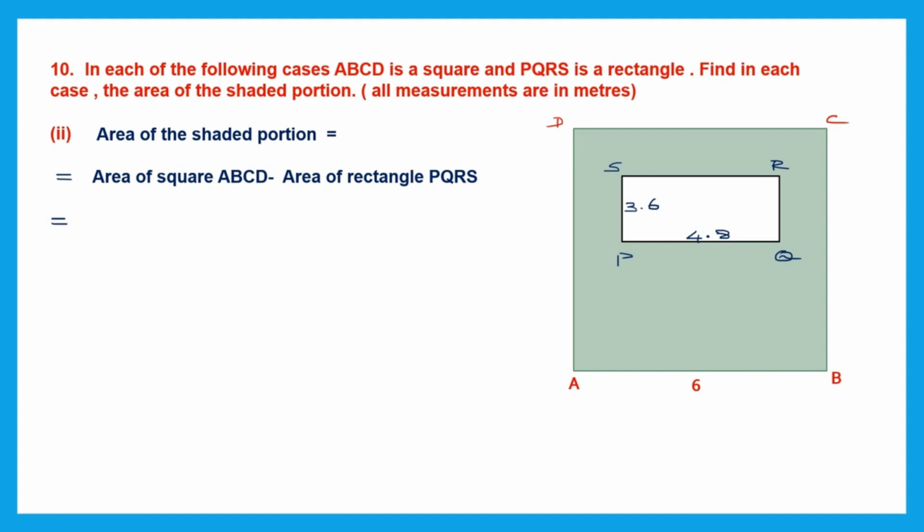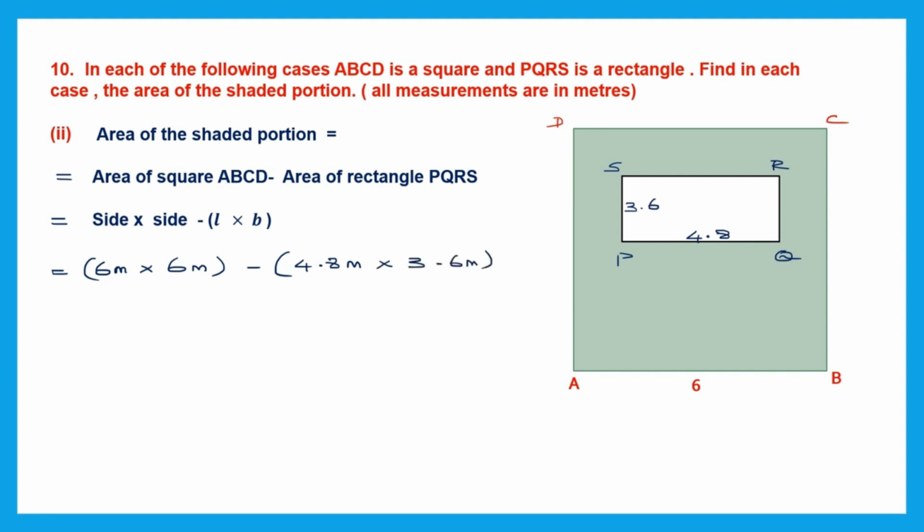And we know to find the area of the square, that is side square or side into side, and the area of the rectangle is length into breadth. So let's write that, side into side minus length into breadth. And what is the measurement of the side of a square? It is 6 meters. 6 meters into 6 meters minus length into breadth, and length is 4.8 meters into breadth, which is 3.6 meters.